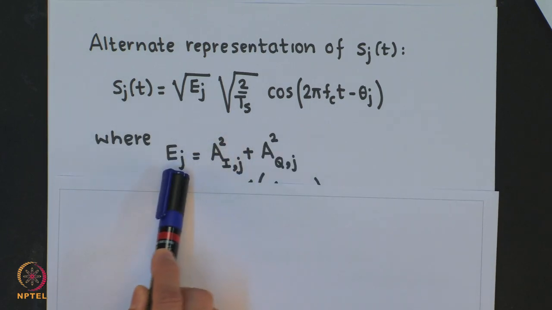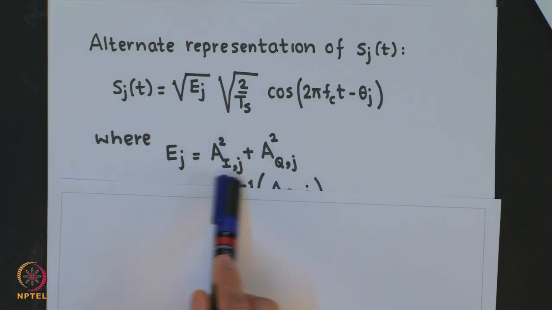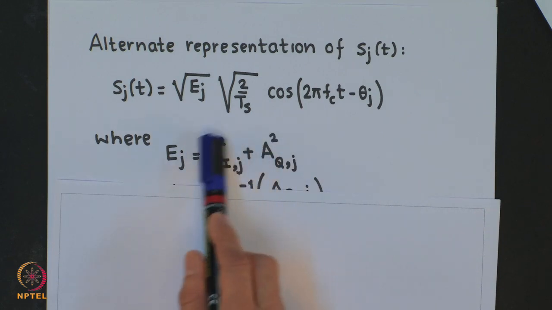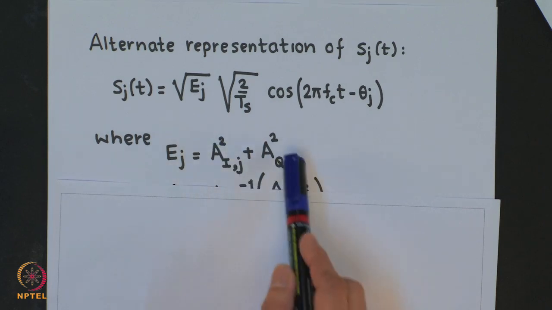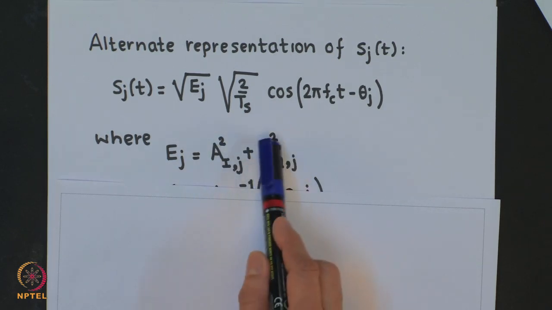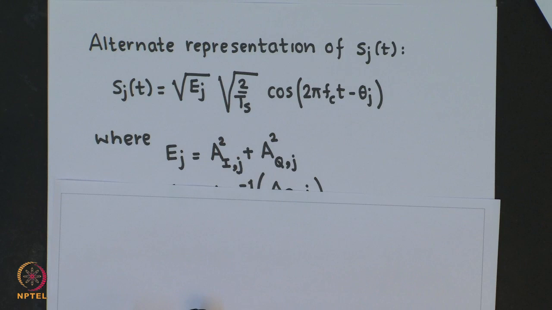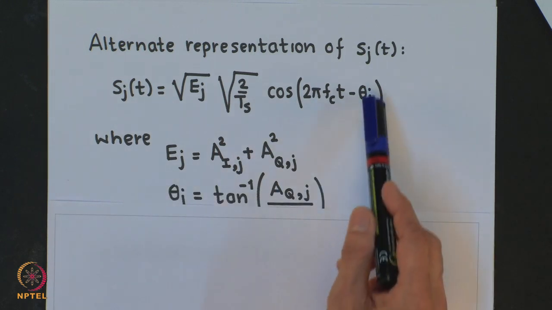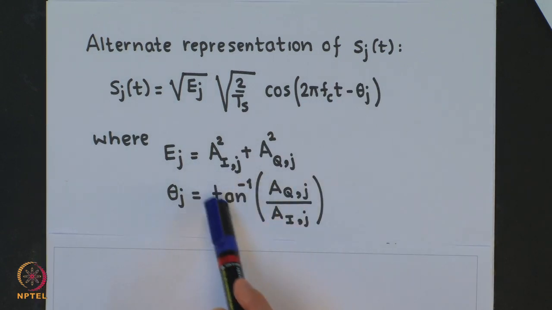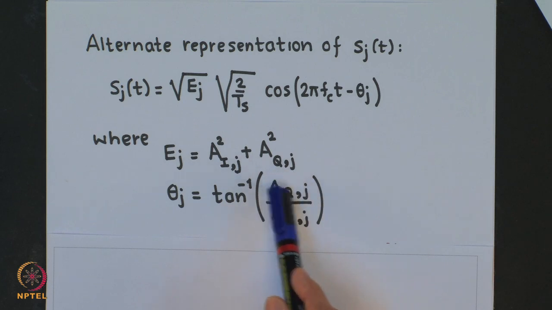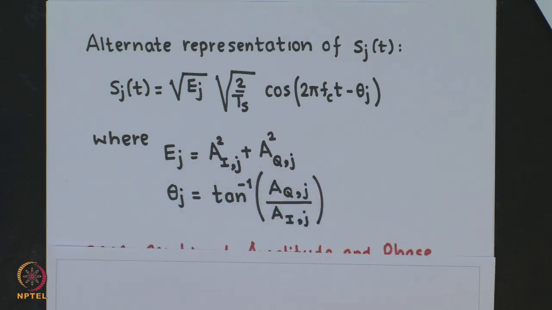E_j is the energy, which is the sum of the square of the in-phase amplitude and the square of the quadrature amplitude, and theta_j is the angle which is tan inverse of a_Qj by a_Ij.